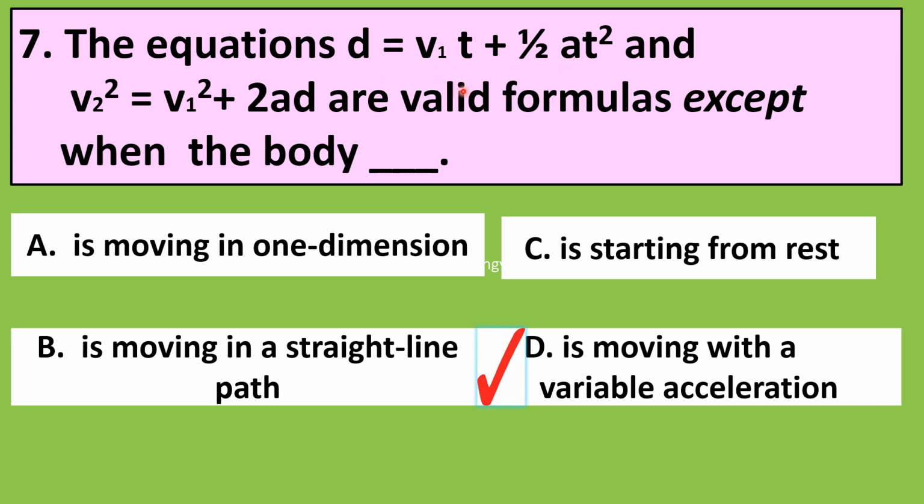So when the acceleration of a moving body is not the same or is not constant, these equations are no longer valid. Constant acceleration, if you also recall, is only possible if the net force acting on the body is constant. Okay? Next question.